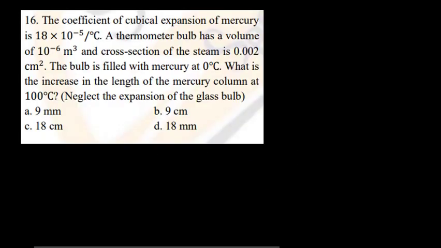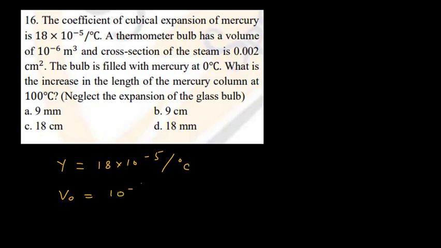Now the 16th question: the coefficient of cubical expansion of mercury, that is the value of gamma, is given as 18 into 10 power minus 5 per degree Celsius. A thermometer bulb has volume 10 power minus 6, so we can say that it is the initial volume, given in meter cube.